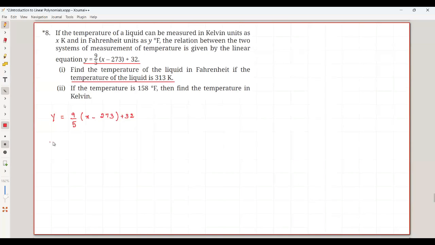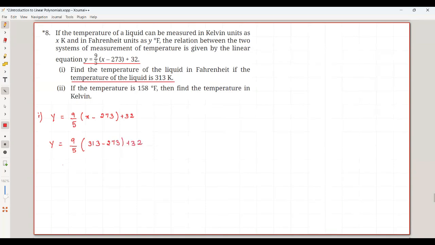So now y is equal to 9 by 5 into, in the place of x, I am going to put 313, so 313 minus 273, plus 32.